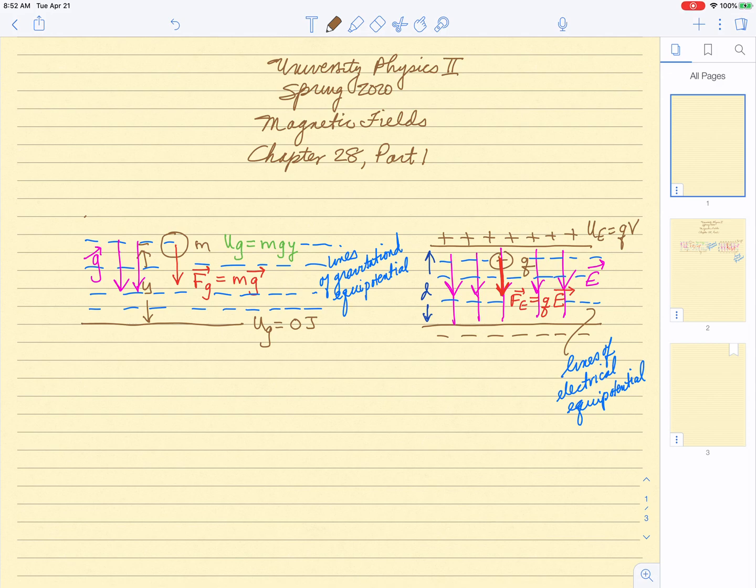But we're going to assume that magnetic fields already exist. But before we launch into that, I want to just make a couple of observations.